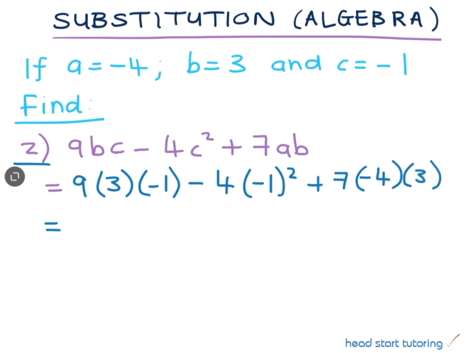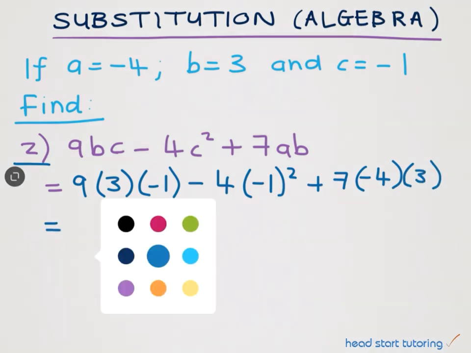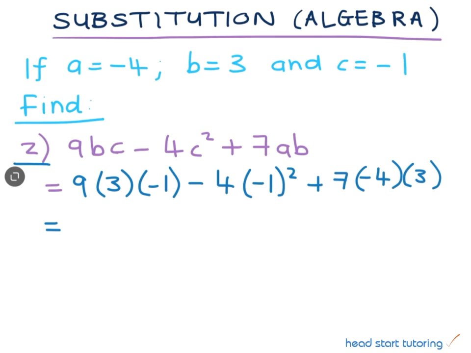Right. Now I just need to work very carefully now that I've substituted all my correct values in. So remember, 9 multiplied by 3 multiplied by -1, we have got positive values there. So +9 multiplied by +3 is +27. +27 multiplied by -1 is -27.